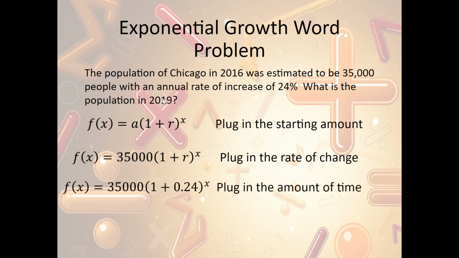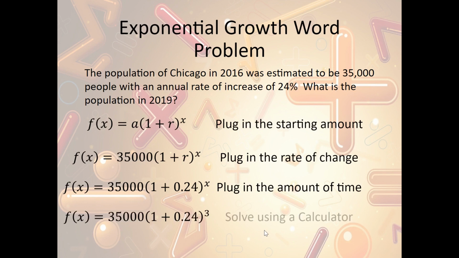And the amount of time between 2016 and 2019 is 3 years. So this is f of x equals 35,000 times 1 plus 0.24 to the third power. We'll solve that using a calculator. And when we do that, we end up with 66,731.84 people. So that should be the population of Chicago in 2019.